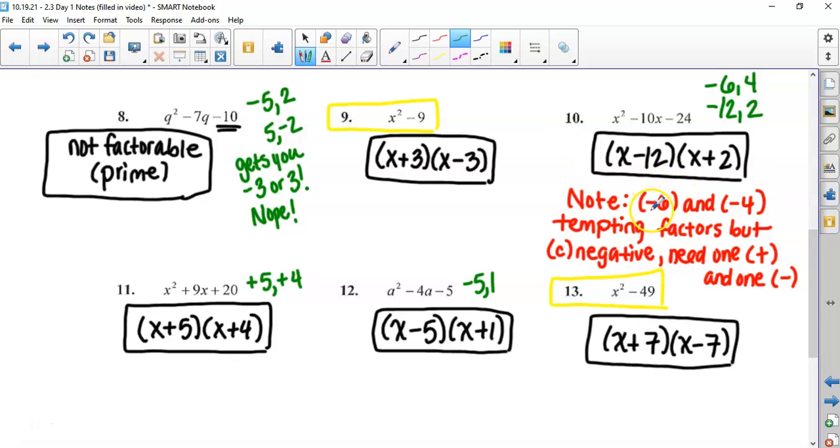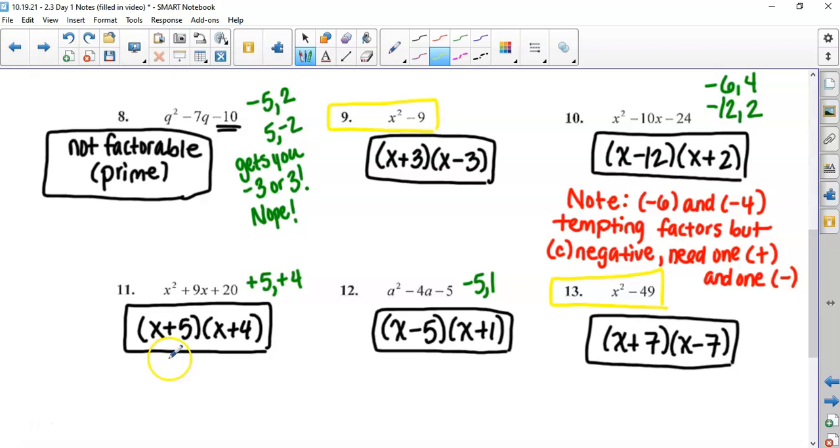But when you multiply them, -6 times -4, that's a positive 24. C is negative, so you need one positive, one negative. Keep looking. So the set of factors that works for us here is -12 and 2. -12 times 2 is -24, and when you add them together, ta-da, you get the -10 you need.